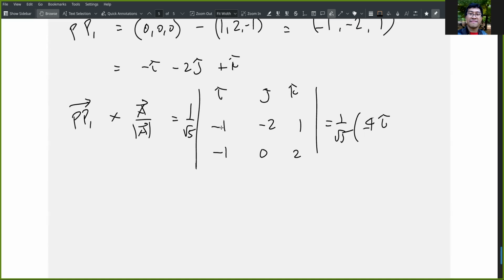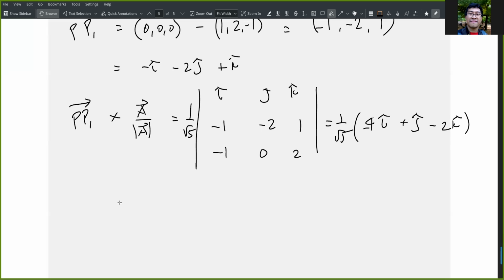For j, you have minus 1 times 2, so negative 2 minus negative 1. That would be plus 1, so negative 1 times negative, this is plus j. And then k, you have minus negative 2 times negative 1, so that's positive 2. Negative of that, so this is negative 2k.